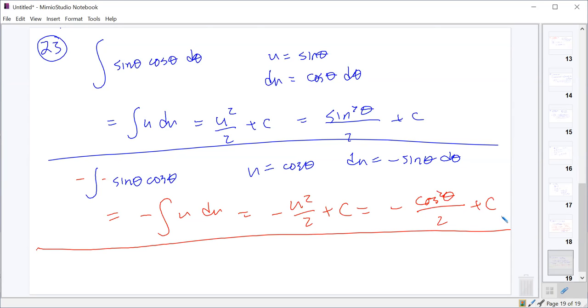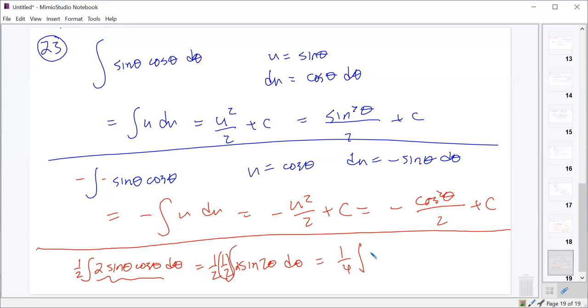The other thing we could have done is recognize that the integral of sine theta cosine theta is 1/2 the integral of 2 sine theta cosine theta d theta. And 2 sine theta cosine theta, as we talked about just a bit ago, is the double angle identity. And then you can let u equal 2 theta, and then du is 2 d theta. And so you'll put in a 2, and you'll put in another 1/2, and you've got 1/4 the integral of sine u du.